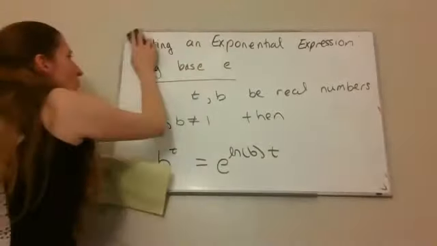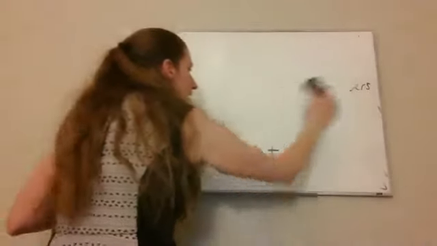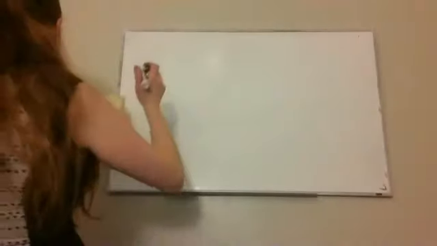Let's do an example where we rewrite using e for our base, and then we'll show how we get the same result even rewriting it.